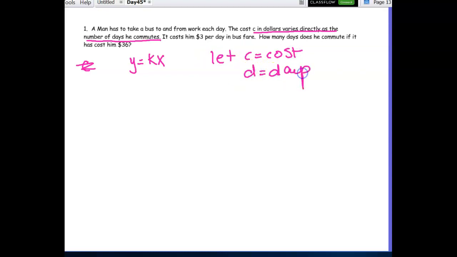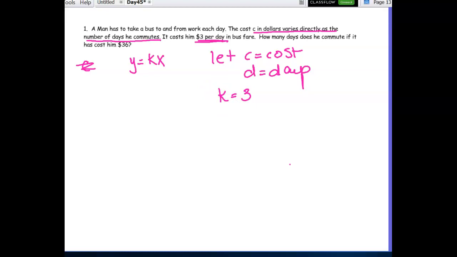Now this one's a little bit different because it says it costs him $3 per day. Okay, so per day is not the total cost, it's actually the rate of change, or in this case, it's our K. So they're telling us the K, the constant of proportionality. So our K, we don't need to figure it out, is actually 3.